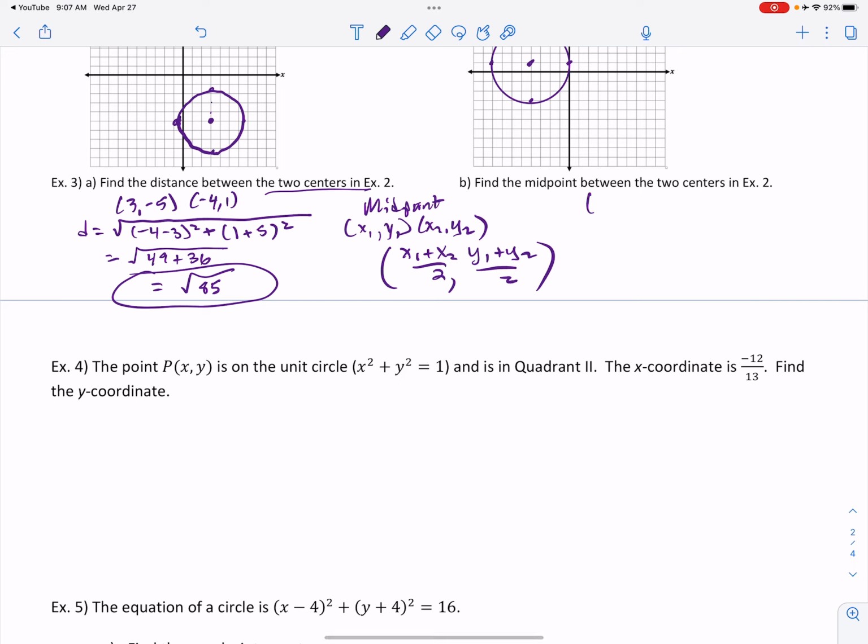So the midpoint between the two centers is going to be add up the x values and divide by 2, add up the y values and divide by 2, and that midpoint is (-1/2, -2).